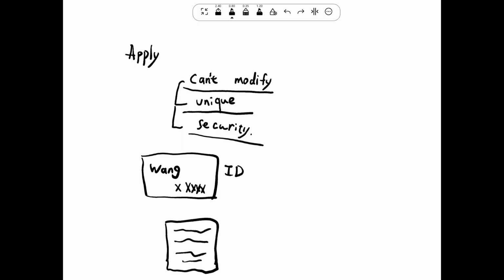Because paper is easily damaged by water, we can digitalize it and put it on the blockchain, which is also a good use.